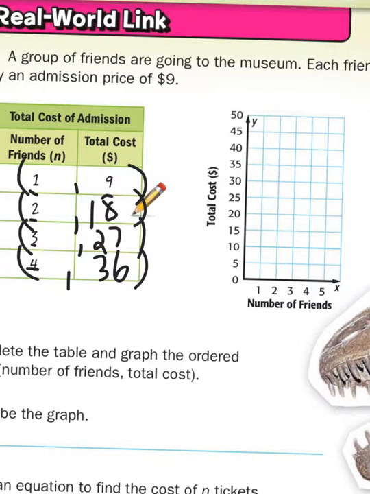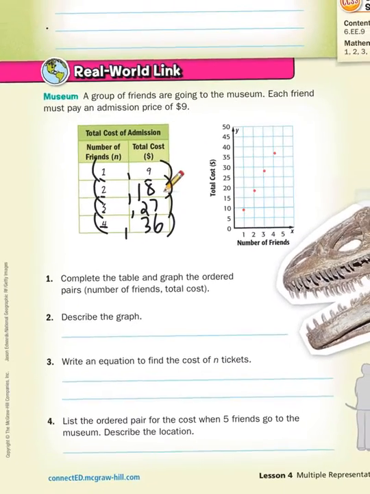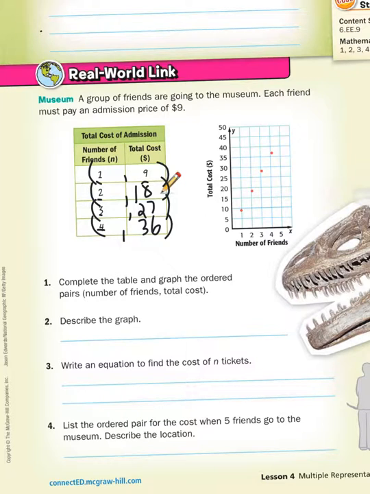So 1 comma 9, go over to the 1, up 9, right about there. 2, 18, 3, 27, and 4, 36. Okay, so number 1's done. Describe the graph. Well, when I look at that graph, I would just say the graph is linear.